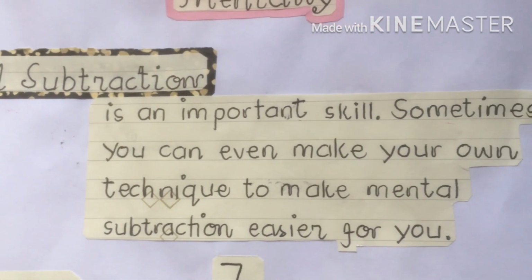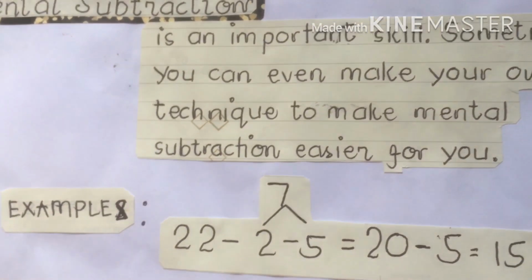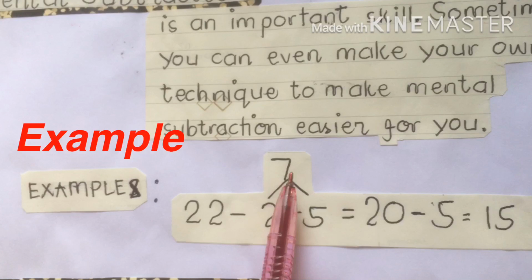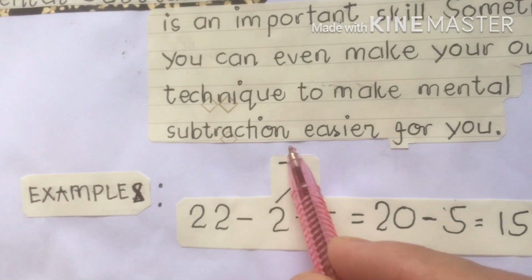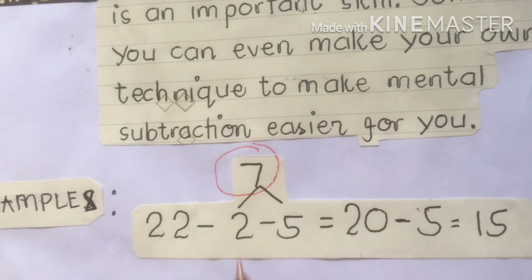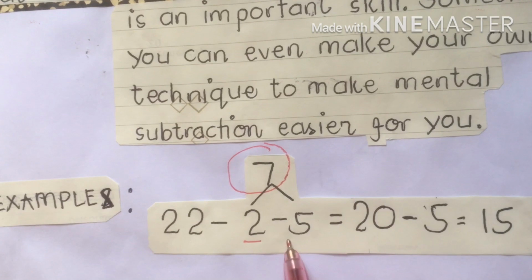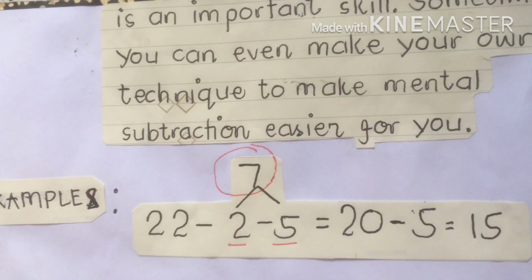Here is one strategy that you can use to subtract 22 minus 7 mentally. All you have to do is break down 7 into two numbers, which are 2 and 5. The first number should be the same as the ones digit of 22.